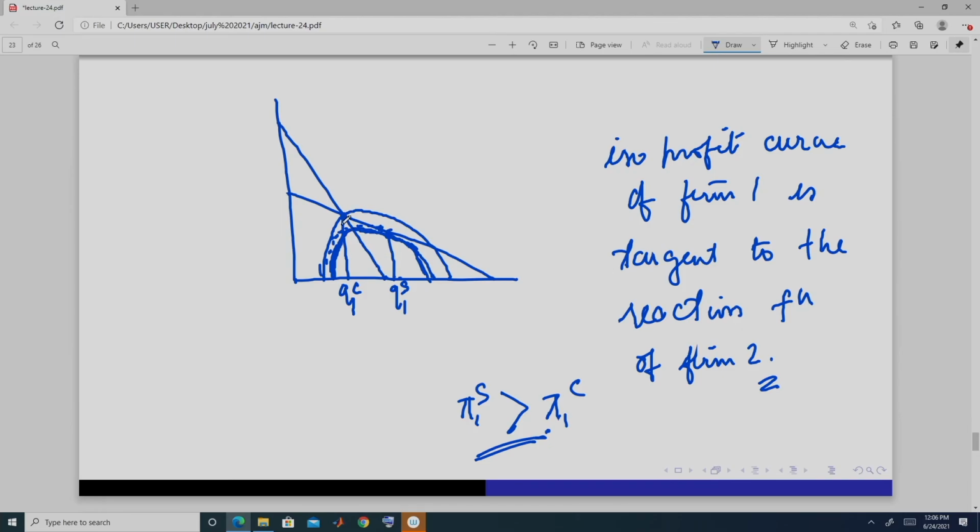Now, from here we again try to find out whether there is a first mover advantage. So, from this we get, see what is happening. The profit of firm 1 is this.